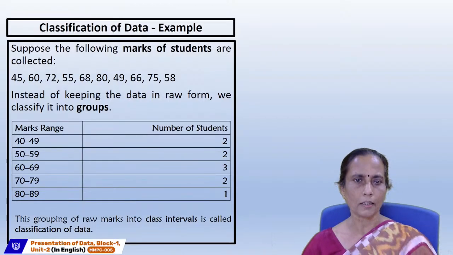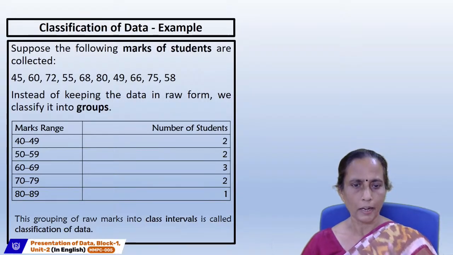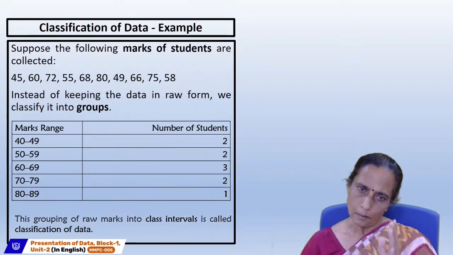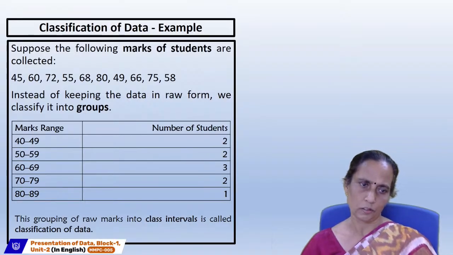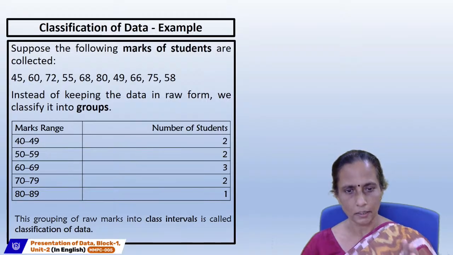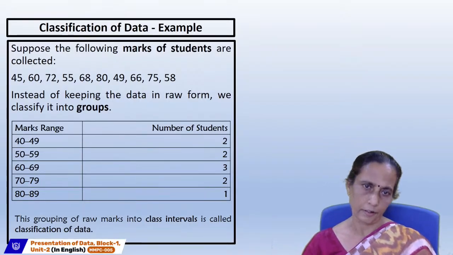Then I will be classifying the data taking into consideration the marks scored by the students. This grouping of the raw marks into class intervals is called classification of data.